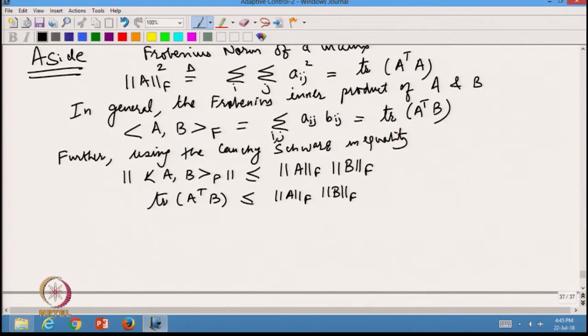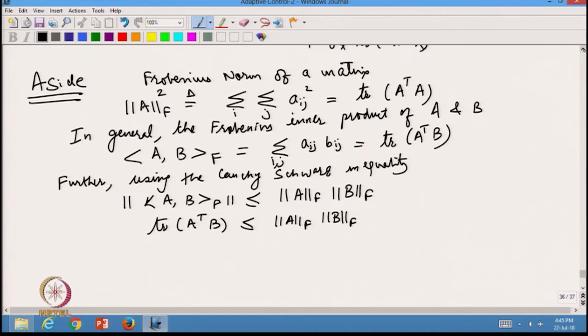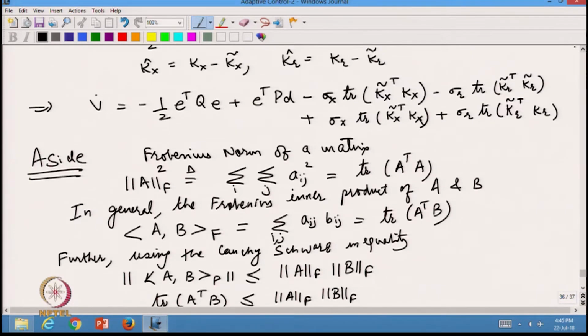Okay, so now using this aside, we can go back to the Lyapunov derivative. So here what we can see is that the trace of kx tilde transpose kx tilde is the same as the square of the Frobenius norm of kx tilde.